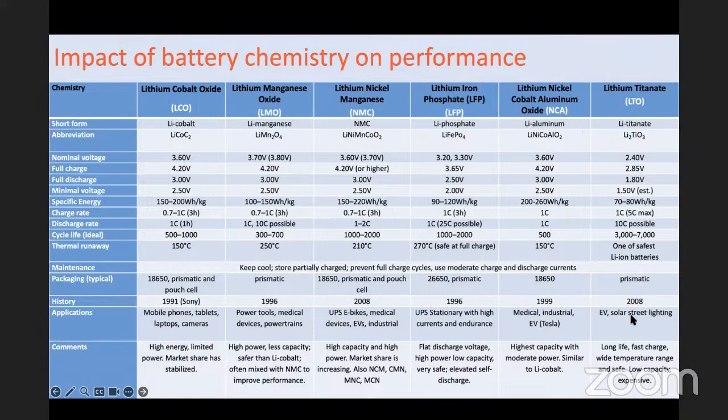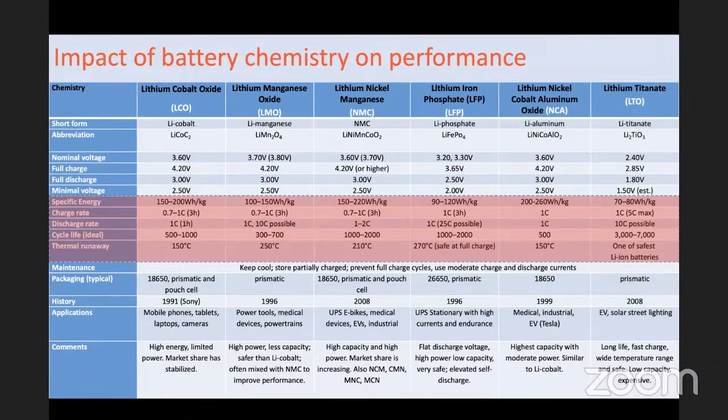These are the different parameters compared within these chemistries. Most importantly, we focus on specific energy, charge rate, discharge rate, cycle life, and thermal runaway, at what temperature it will collapse.